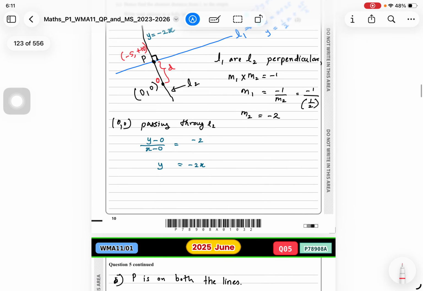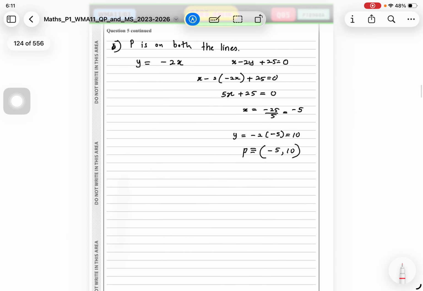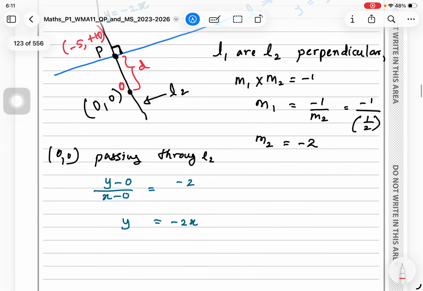Since P is that perpendicular point, the shortest distance is, because we know the shortest distance comes when it is perpendicular, straight away OP, because we have marked OP in our diagram.